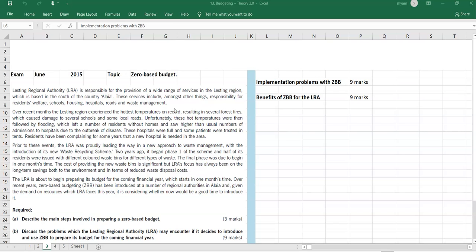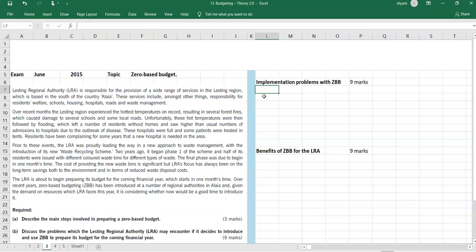Okay, so the first paragraph gives you an overview about the listing authority here. If this kind of an organization is going to implement ZBB, what would be the problem? ZBB would be very useful when a company provides a limited level of service and has just one type of service or one type of product.